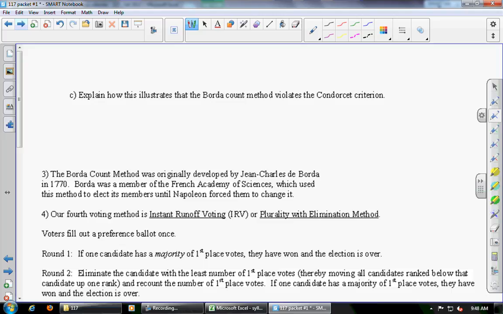It's not telling you how to count the votes. It's not telling you how to find a winner. It's just telling you who should have won if somebody happened to beat everybody else head-to-head. If you have an election and nobody beats everyone else head-to-head, then the Condorcet criterion does not apply. It doesn't care who wins. It's only saying if somebody beats everybody head-to-head, they should win. And that seems reasonable.